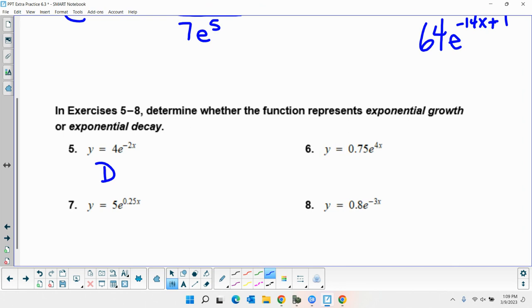This is decay. This is a positive 4x exponent, so that's growth. Don't look at the 0.75. That's not what's being raised to the power. Okay? Positive, so that's a growth. Negative exponent, that's a decay. Simple.